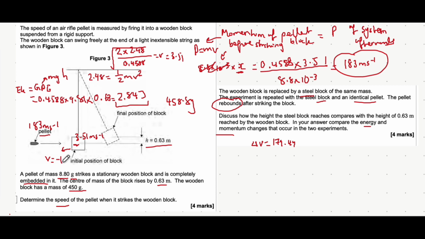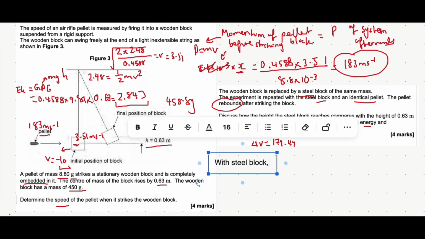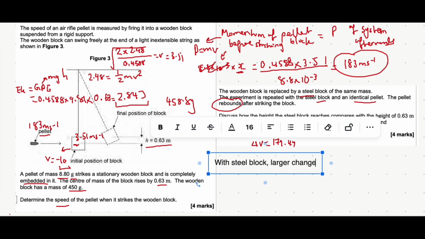Let's say it's minus 10. The change in velocity is going to be 183 plus that extra change, because it's gone from positive to negative. So the first note that you want to make is that with the steel block, there's a larger change in velocity.